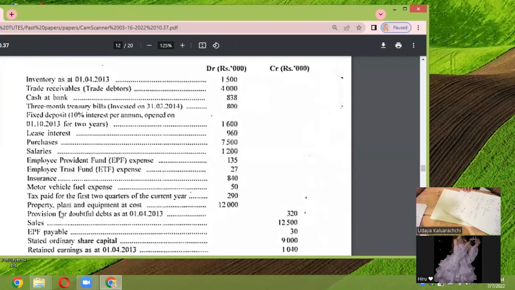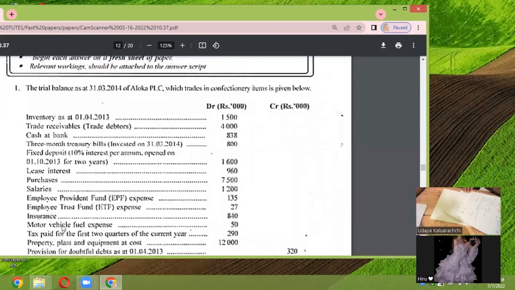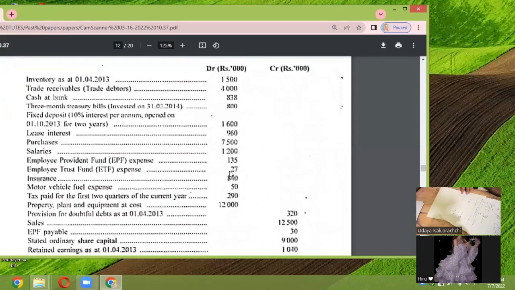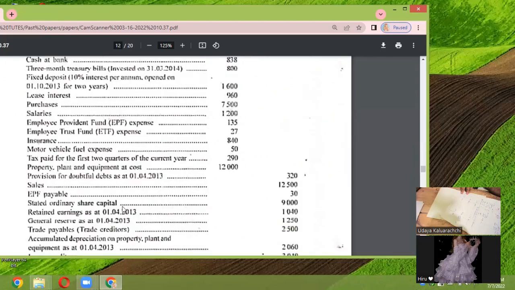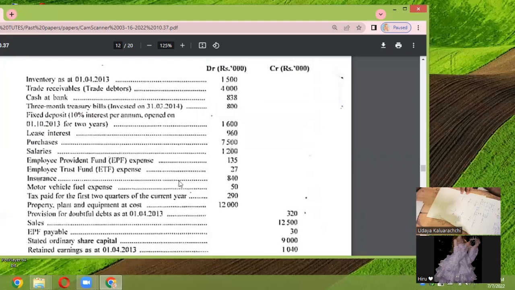Then ETF expense 27. That means it has been paid in cash. There was no payable ETF. ETF was paid in cash for 9 months, and EPF likewise. EPF expense, it is 135, the opening balance of the EPF expense account.